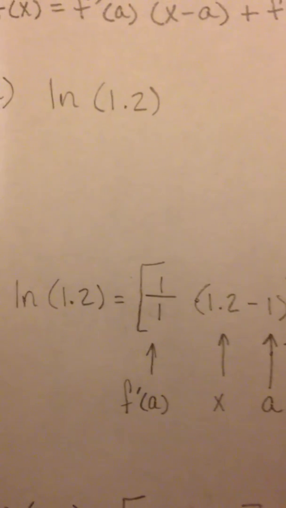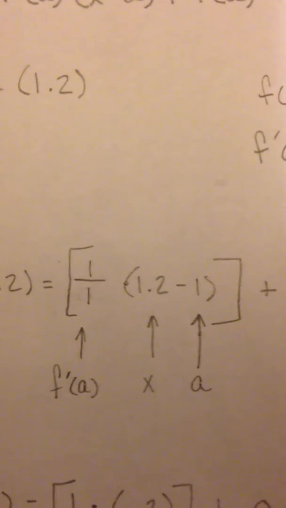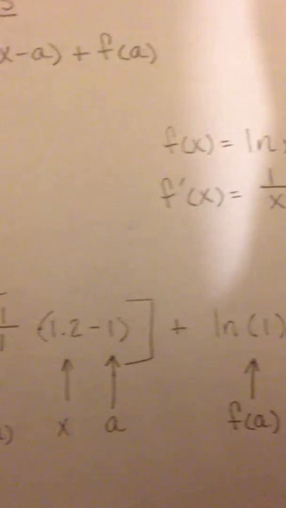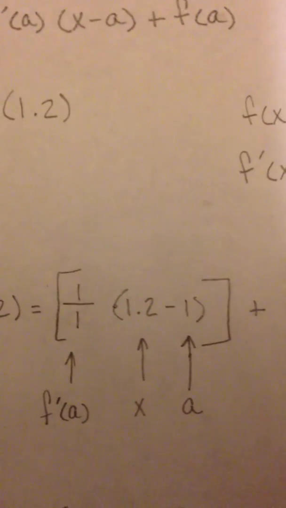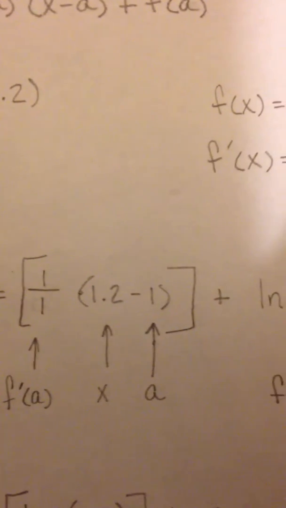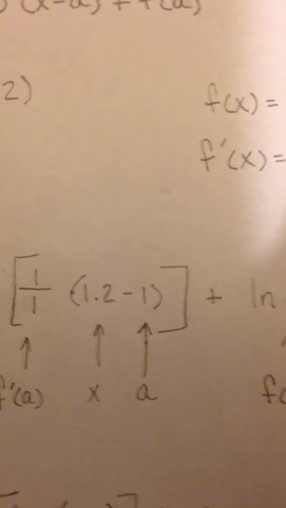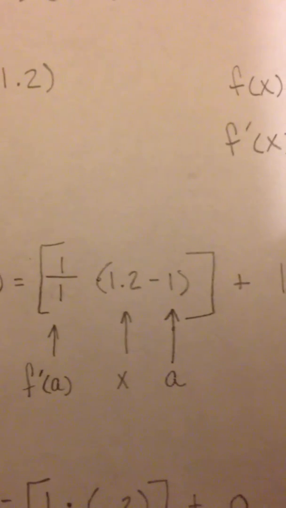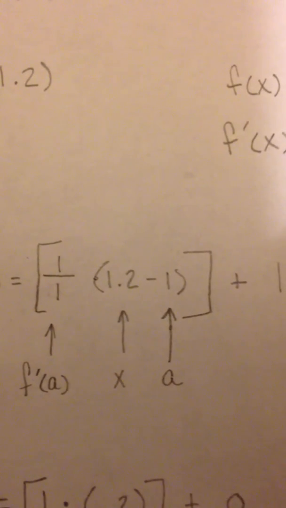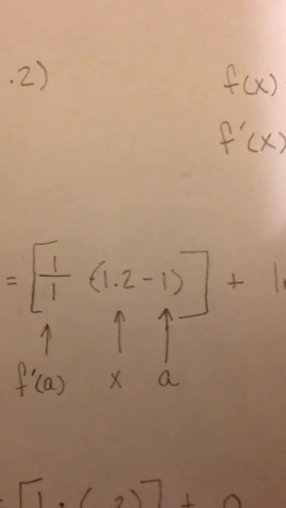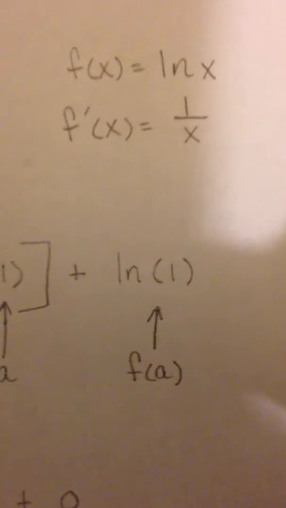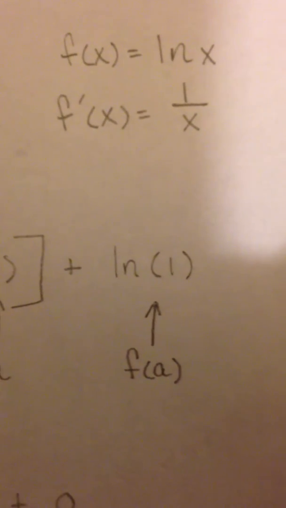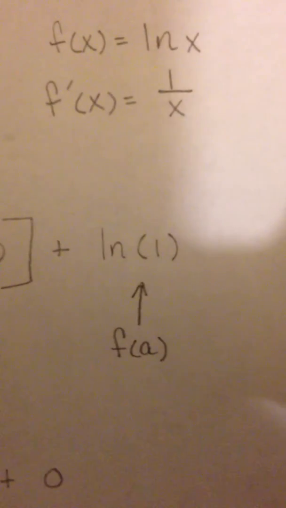So our ln of 1.2 is equal to 1 over a, our f'(a). Just substitute the a in, so we have 1 over 1 times 1.2 minus 1, and there you can see our f'(a) is 1 over 1, x is our 1.2, and our a is 1, plus f(a), which is going to be the ln of 1.